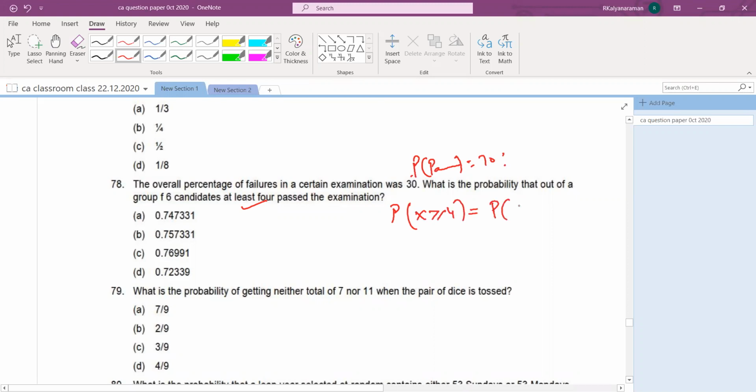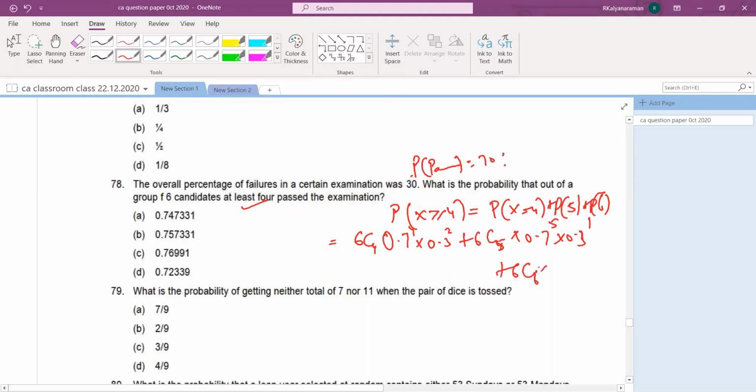It is P of x equal to 4 plus 5 plus 6. So out of 6, 6C4 into 0.7 power 4 into 0.3 power 2 plus 6C5 into 0.7 power 5 into 0.3 power 1 plus 6C6 into 0.7 power 6.